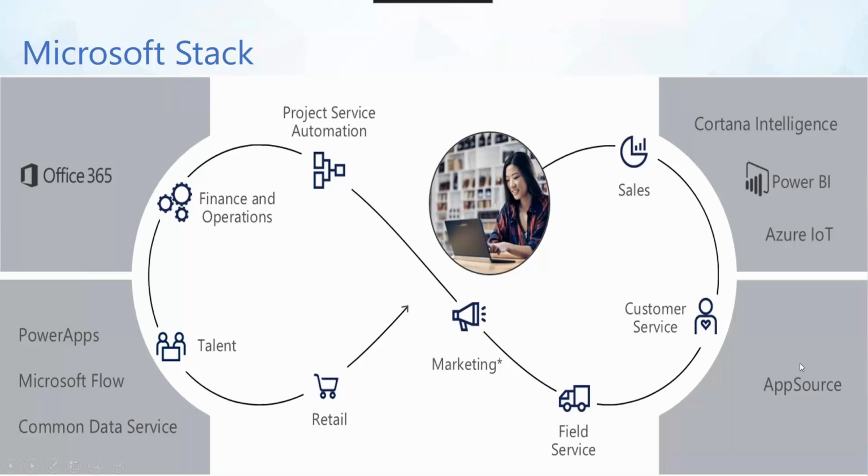And App Source is a capability for you to develop some apps of your own. Power Apps is kind of similar there. You can go out and get Power Apps. There's a marketplace where people are developing these apps, and they have been certified or can be certified against finance and operations, so you can bring them in. So basically, you can reach out and get development, extend your system without having a development team inside.